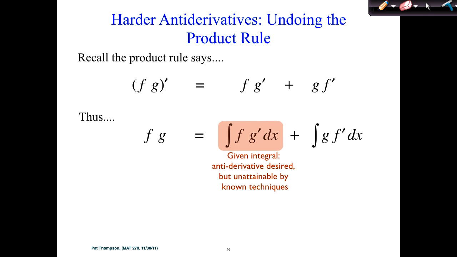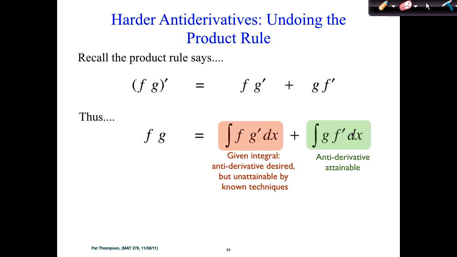So we want to get this net accumulation function in closed form, or this antiderivative. But whatever we have here, it's a product, but it's not, for instance, something that can be done by undoing the chain rule. So what happens is we consider it as one of the terms of the product rule, and when we figure out what the other term of the product rule is, it turns out that is an attainable antiderivative.